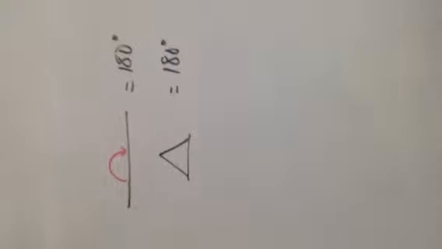Now, one thing that I'd like to point out, this is really important for the math component, is you need to know that when you have a straight line, let me grab a marker here. When you have a straight line like this, one side of the line is 180 degrees. I also have a triangle equals 180 degrees.